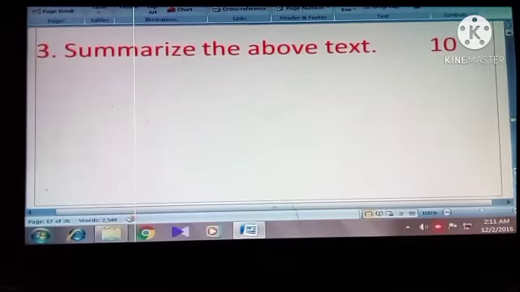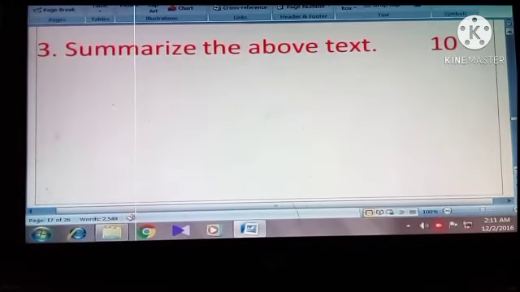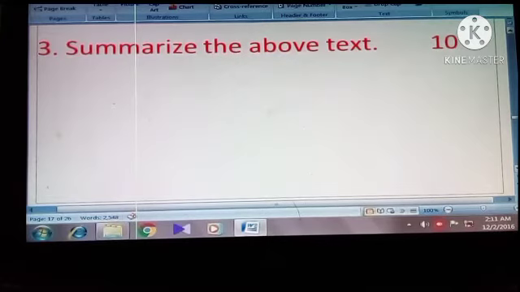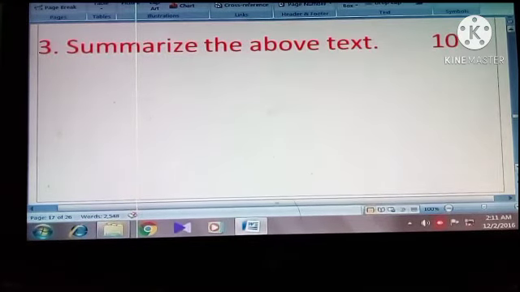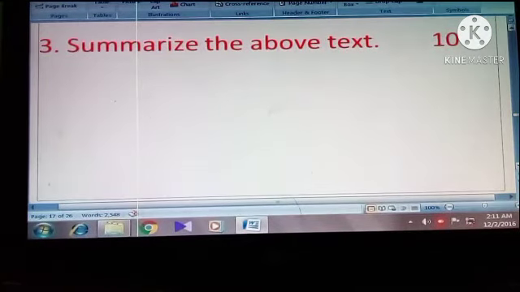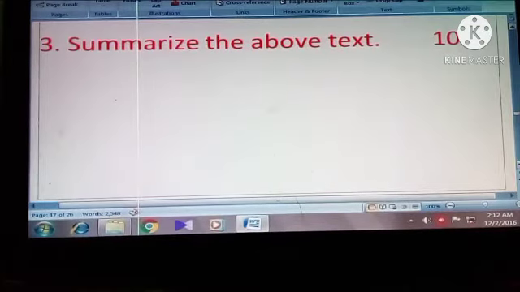Then question number 3, if you have this passage, then it will be asked to write down the summary or summarize the above text, and here is stipulated marks, 10 marks. So we have to summarize the text, or you have to write down the summary in your own way.